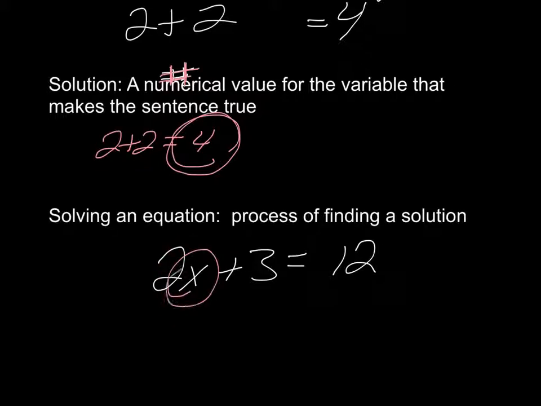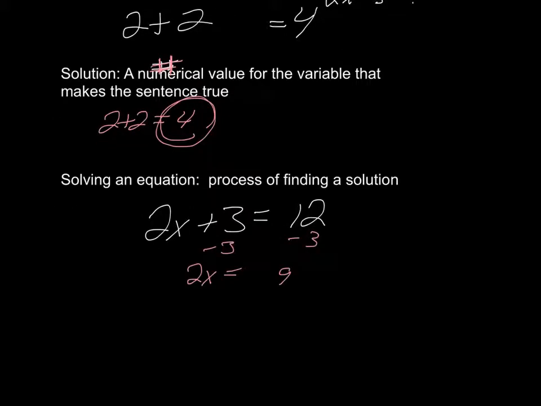In order to do that, we're going to subtract 3. So 12 minus 3 is 9. 2x equals 9 at this point. So now that 2x equals 9, we divide by 2. X equals 9 halves. Ladies and gentlemen, that is an example of solving an equation. You've done that plenty of times already.